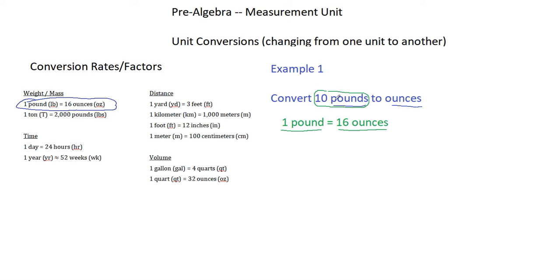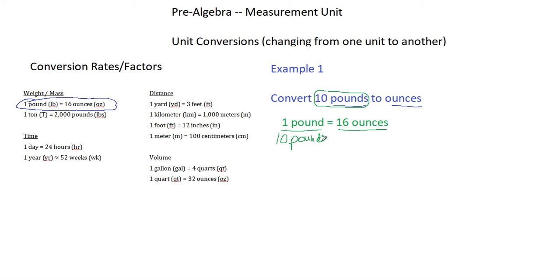And now the 10 pounds, I just have to decide, should that go over here on the left or should that go over here on the right? So think about that to yourself for a little bit. Should the 10 pounds go on the left, or should the 10 pounds go on the right? And you can pause it if you want. But the 10 pounds should go on the left side, because that's where we have the 1 pound.